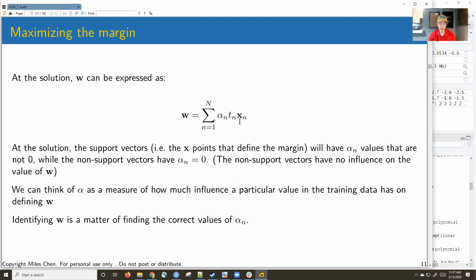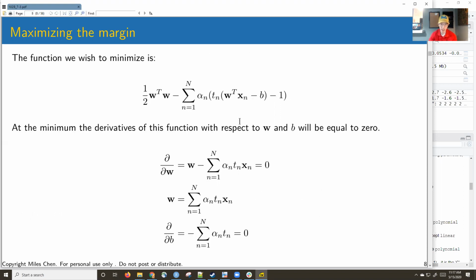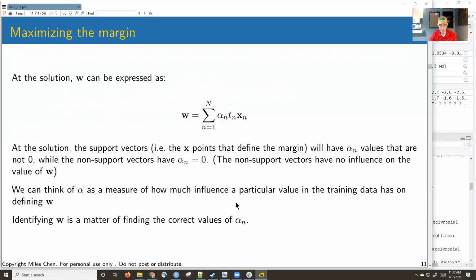If we take a look at this thing that we found earlier, at the minimum, when we optimize it, the vector W, the vector that defines our hyperplane, is equal to the summation of alpha n, t n, and x n. So let's take a look at that. t n and x n are basically the labels and the locations of our data points.